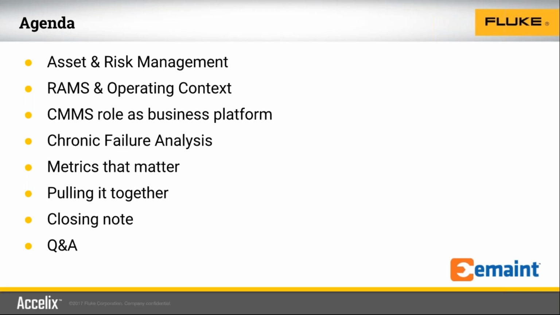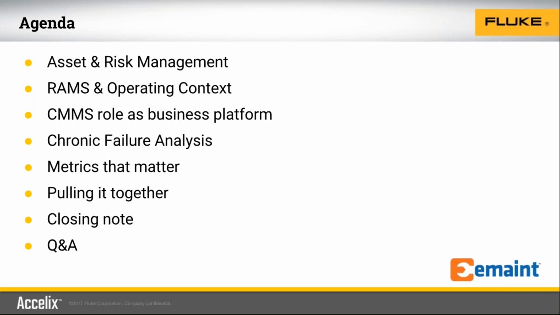We're really going to start up high and then come down to the floor. So we're going to look at a high-level overview of what Rona was describing as a framework for getting the cost benefit from your CMMS system, and we're going to start with the origin purpose of asset management and risk management. Then we'll go through some other topics like RAMs.